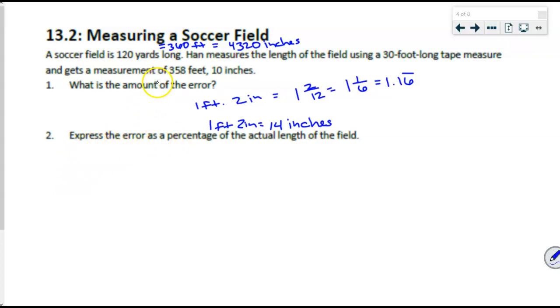Why do you think Han wasn't as precise? How come you think he didn't get that 360 feet like we know he should have? What happened, Luke? Sure.